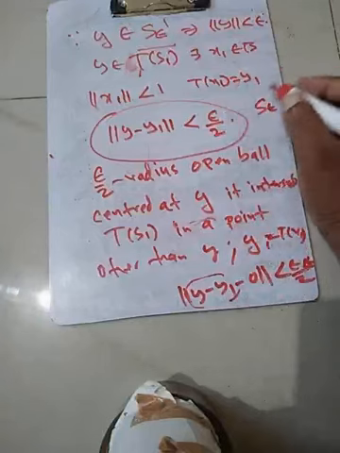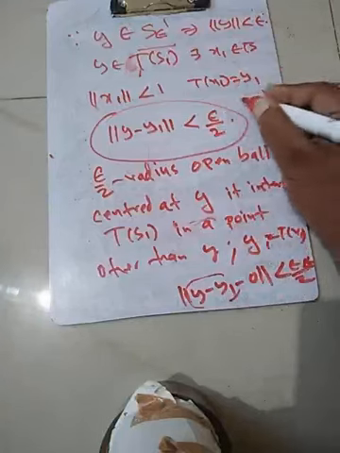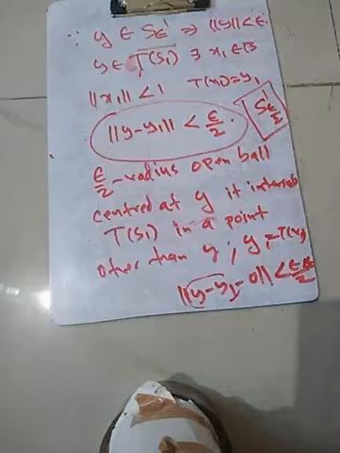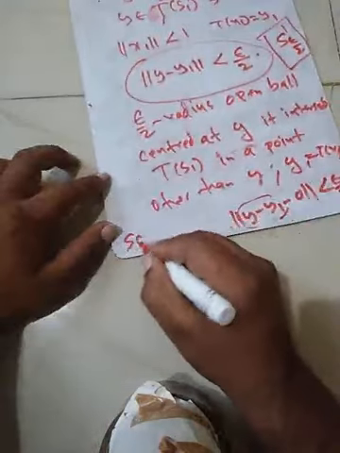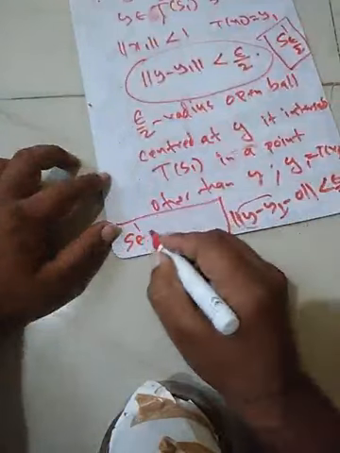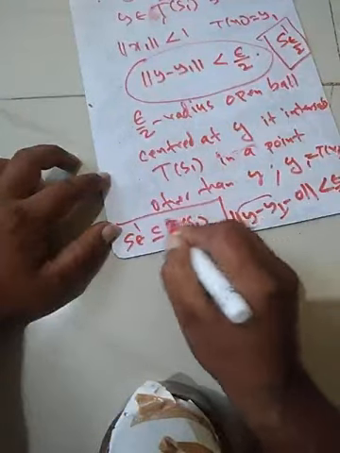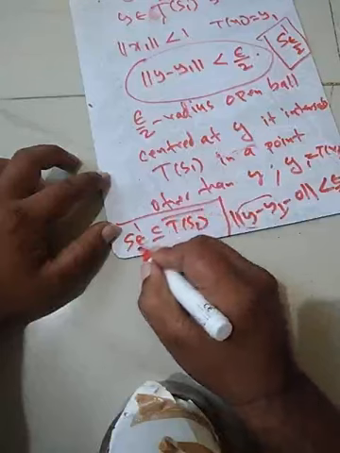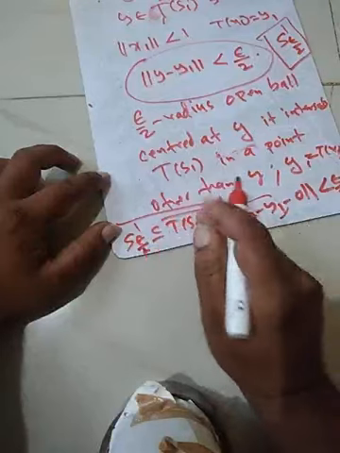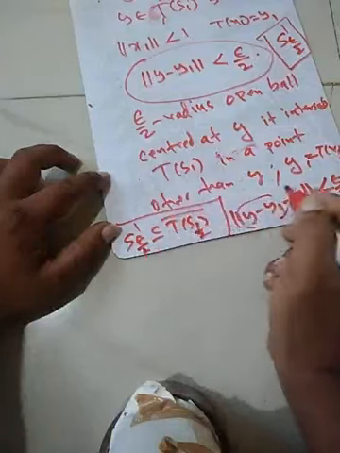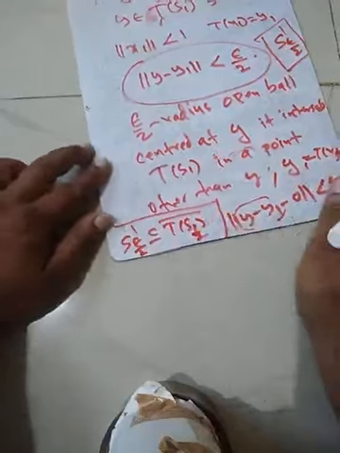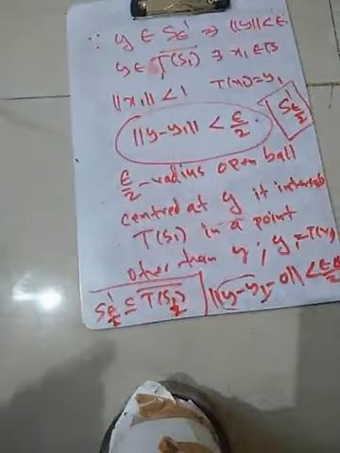In S'_{epsilon/2}. And again by scaling, S'_epsilon is contained in the closure of T(S_1), so S'_{epsilon/2} would be contained in the closure of T(S_{1/2}), just by scaling.